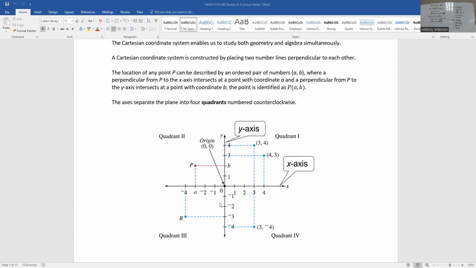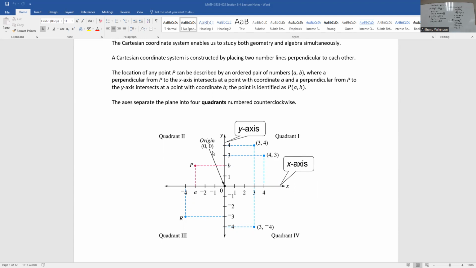Those two lines are called axes. The one that goes straight across from left to right is the x-axis. The y-axis is the vertical axis going straight up and down. And they both intersect at a point, which is called the origin. And that origin has the ordered pair 0, 0.